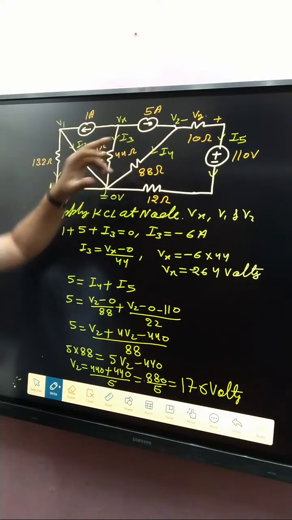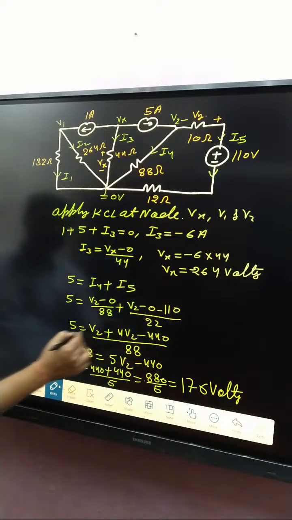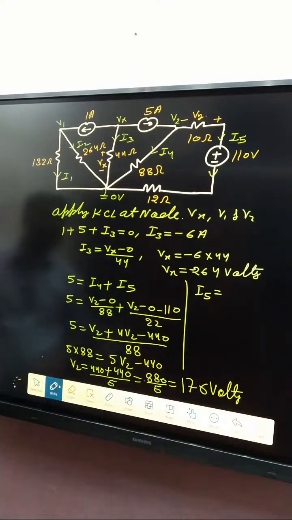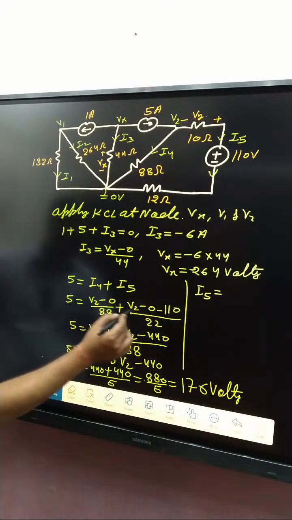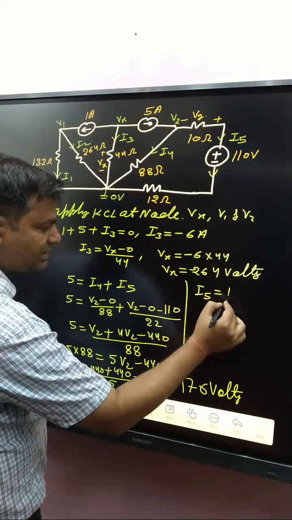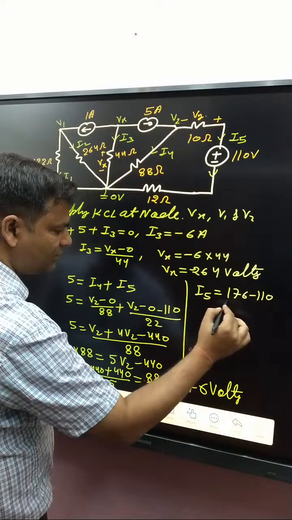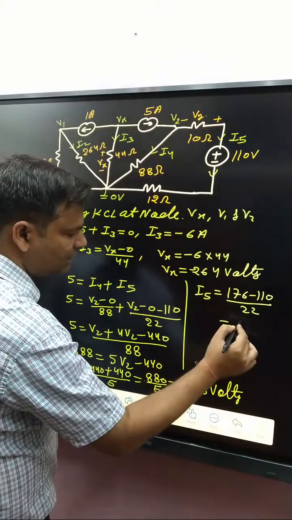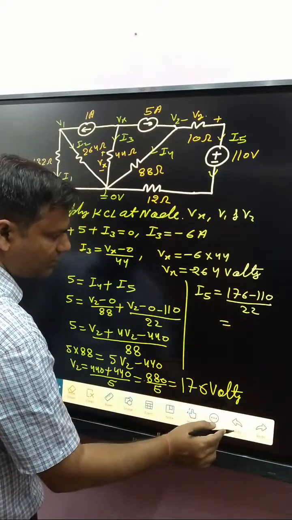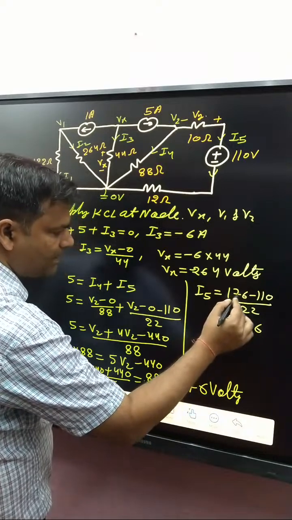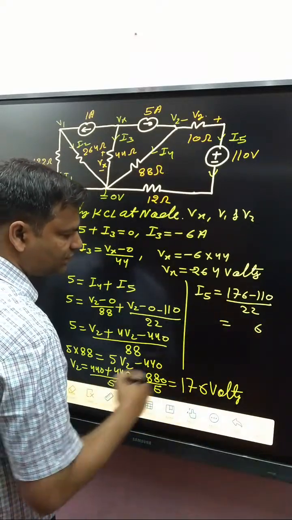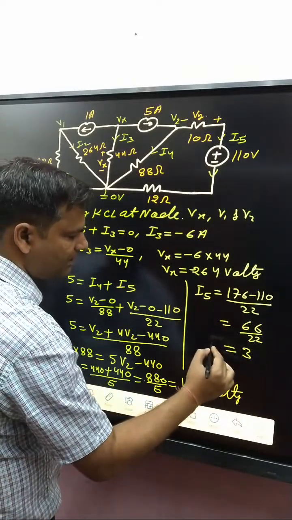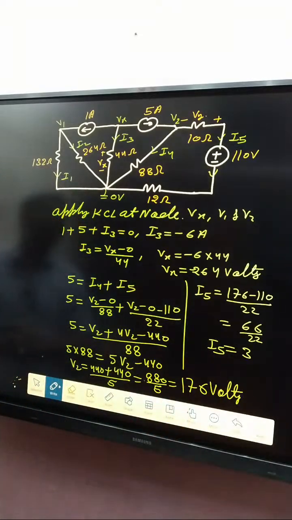Now the next target is the current I5. I5 is V2 minus 110 divided by 22, that is 176 minus 110, which is 66, divided by 22, so I5 is 3 ampere.